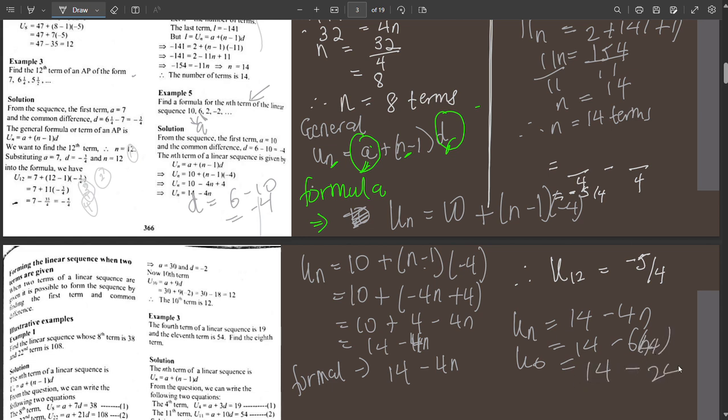So 14 minus 4n becomes 14 minus 4. This has 14 minus 8. In the end, we get 6.